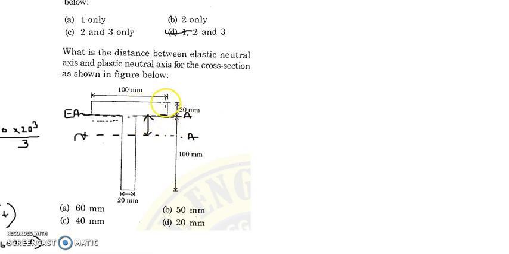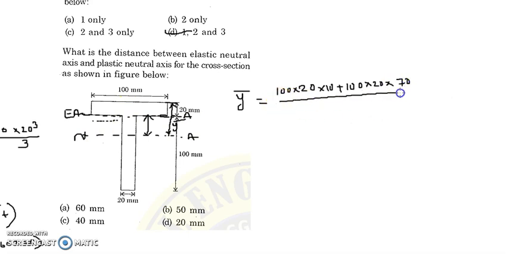Now let's calculate where my neutral axis lies from the top fiber. How to calculate that? You calculate y bar. So this is what I'm going to take as y bar. Simple. Take the moment, using the parallel axis theorem: 100 multiplied by 20 multiplied by 10, and then 100 multiplied by 20 multiplied by 20 plus 50, which is 70.